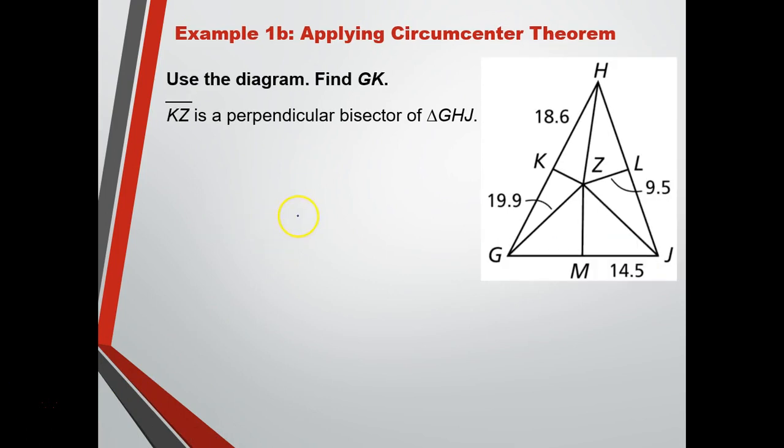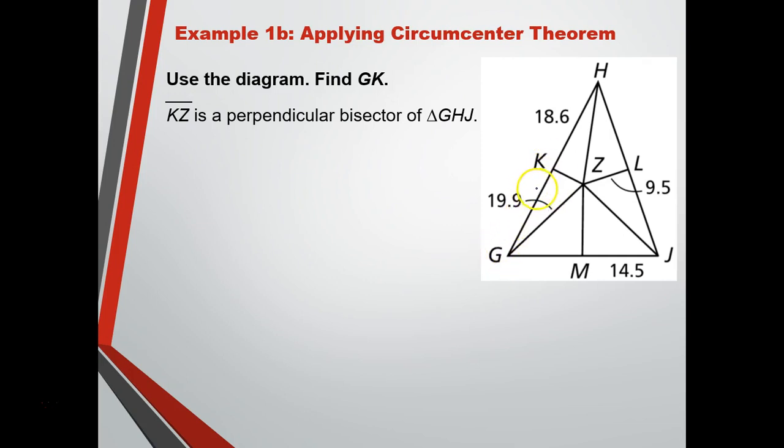Okay, another example, same figure off to the right here. It says use the diagram, find KG. And let's see, KG, where are you? Right here. And it tells us that KZ is the perpendicular bisector of triangle GHJ.